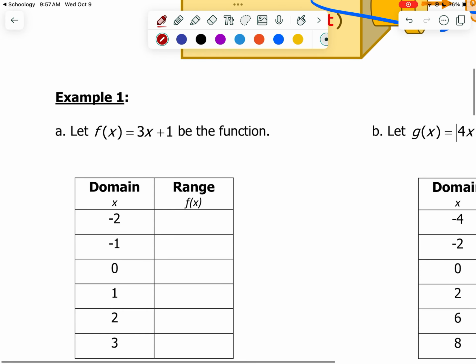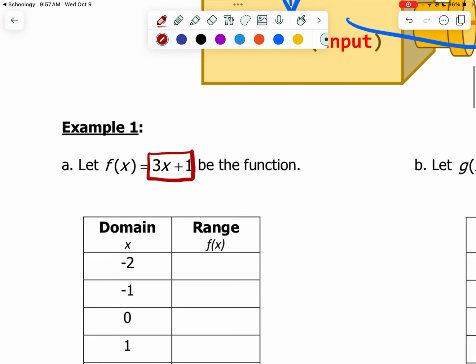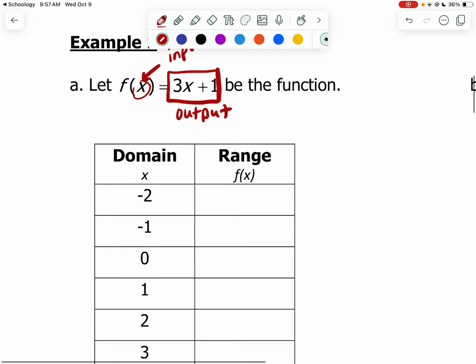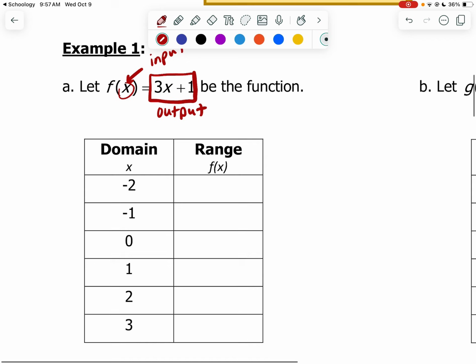Okay, so this says I have this function, f of x equals 3x plus 1. Okay, whatever is in here, this x, this is your input, and whatever's on the other side is your output. Okay, so we've been talking about domain and range. Domain's your x's, range is your y's. Remember, f of x is y, means the same thing.